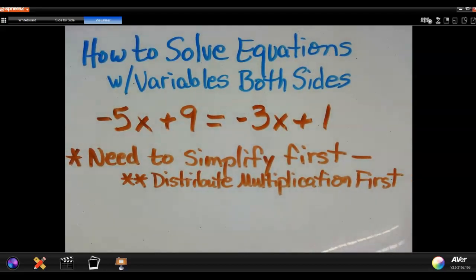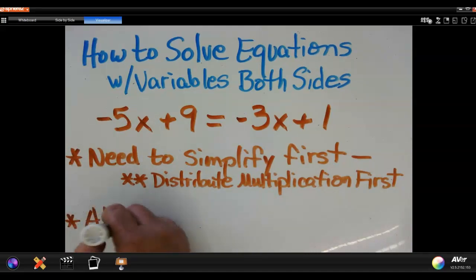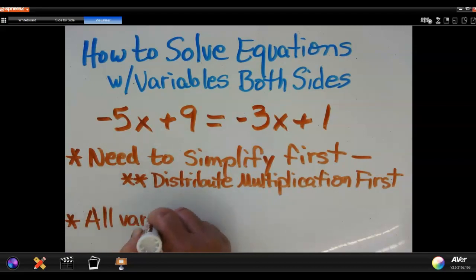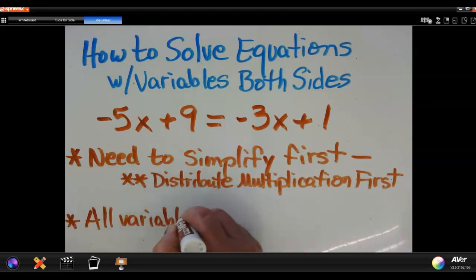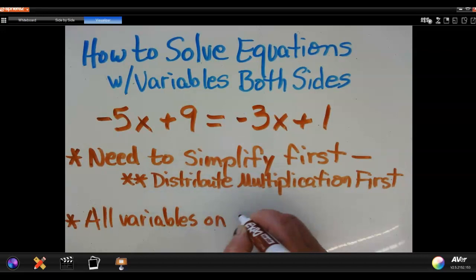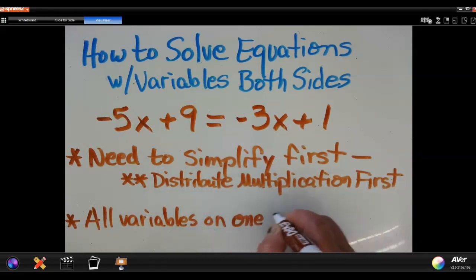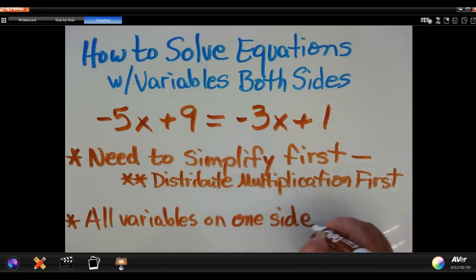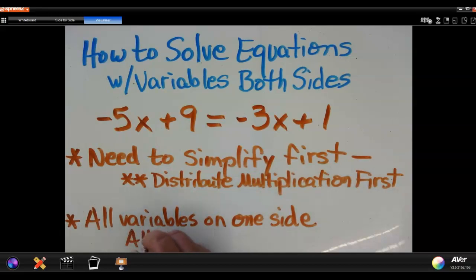Okay? So the next thing that you need to do is you want all variables on one side, all constants on the other.